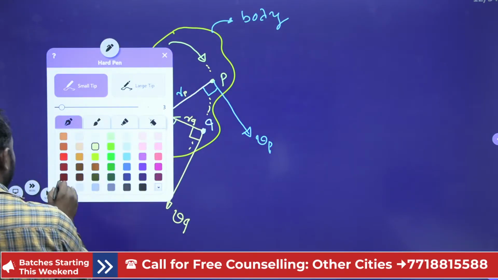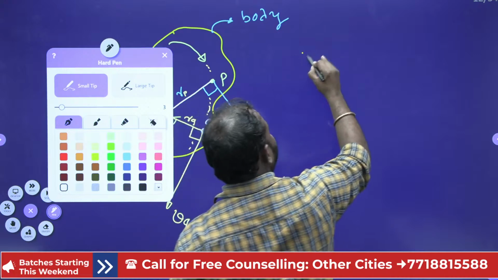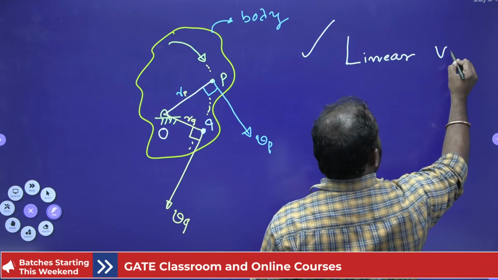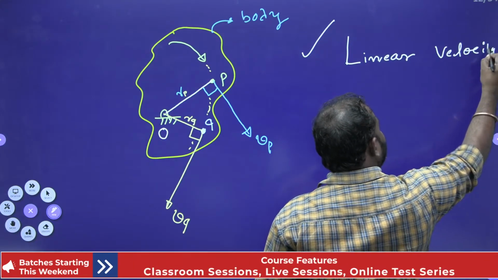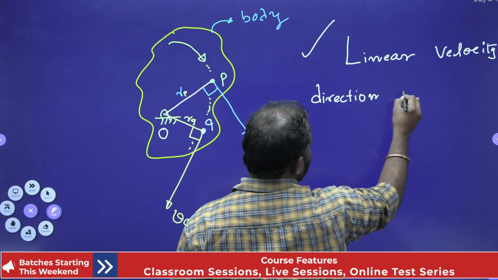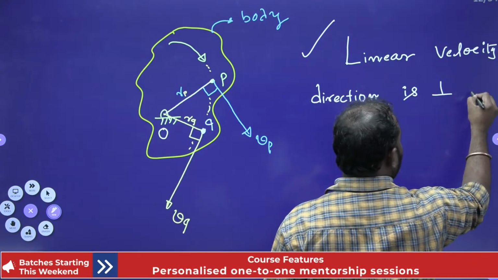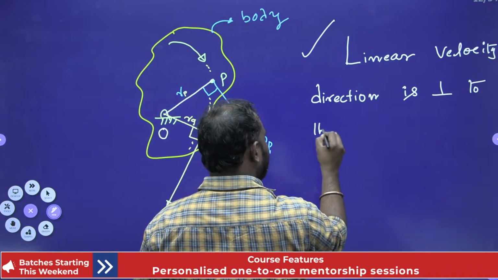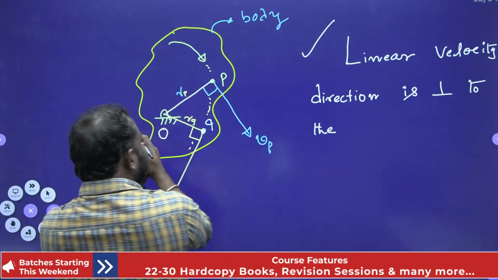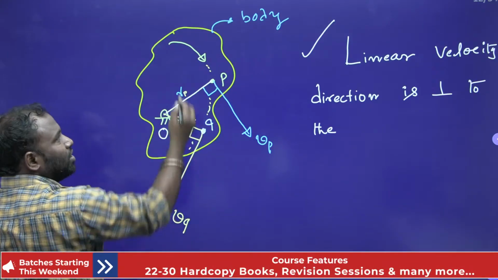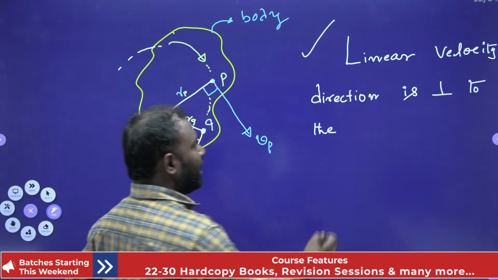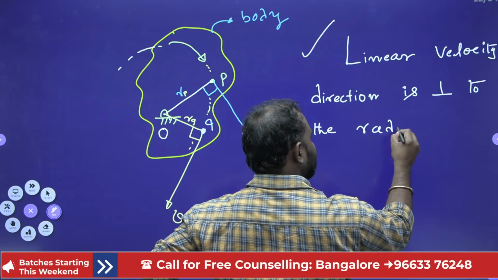I will write: linear velocity direction is perpendicular to the radial distance or tangential to the path. So this is my rotation path. Now this is exactly tangential to the path, and perpendicular to the radial distance.